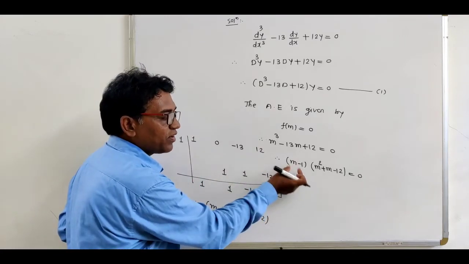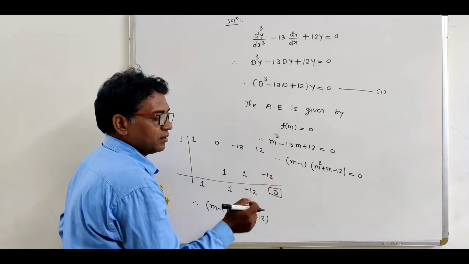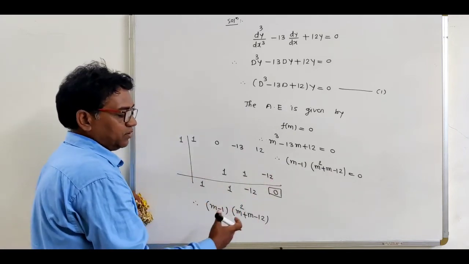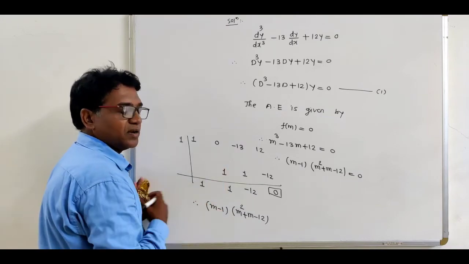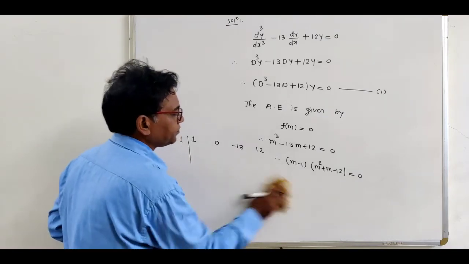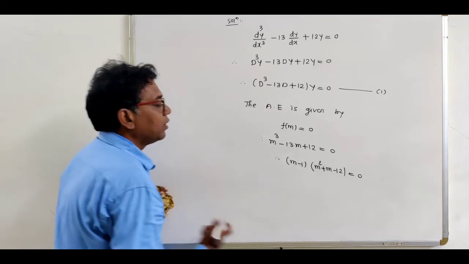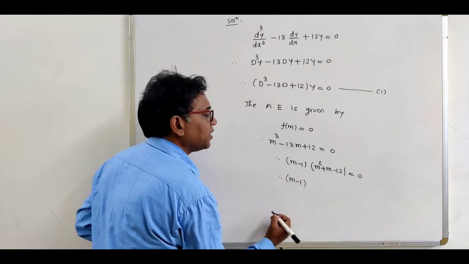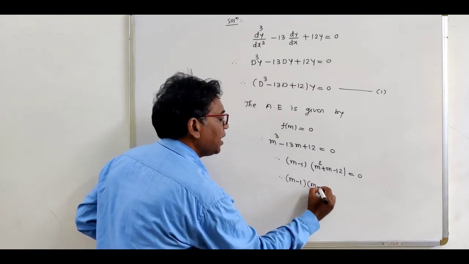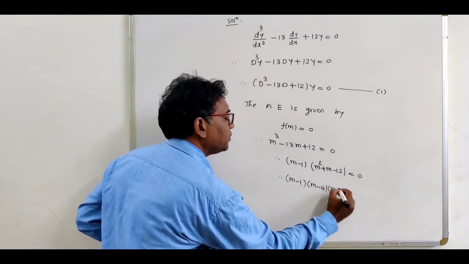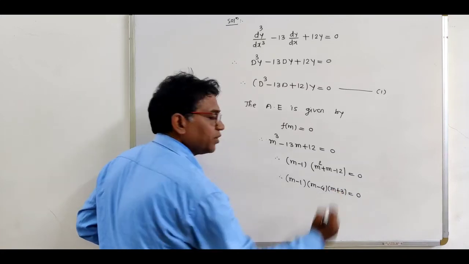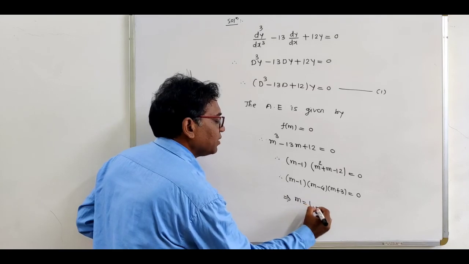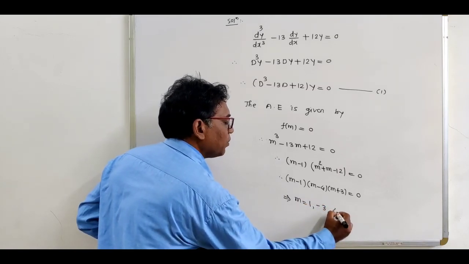First of all, find out the first root by trial and error method and find out the remaining roots by using the synthetic division method. So again, factorize this quadratic term. This is m minus 1. So what are the factors? m minus 4 into m plus 3 is equal to 0. So write down the roots. This gives m equal to 1, minus 3, 4.